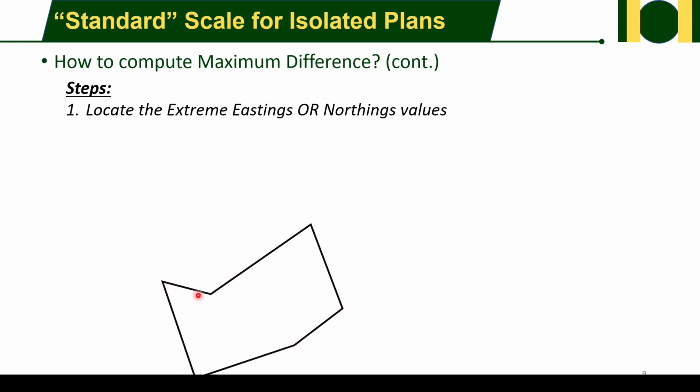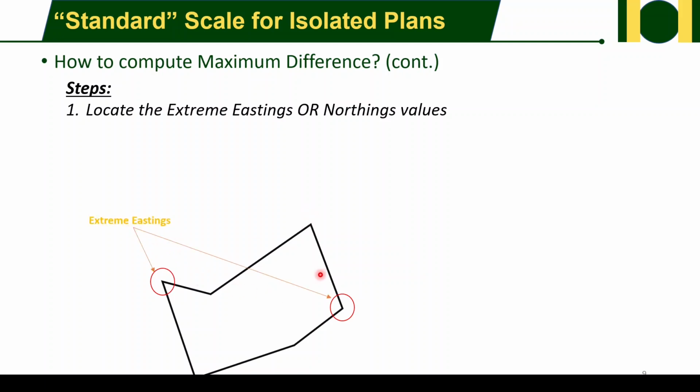Where is the extreme easting? Extreme are the ones on the leftmost and rightmost corner. For extreme northings, those are the corners or vertices located on the topmost, the northmost one.